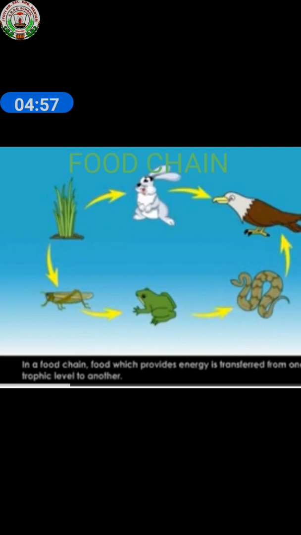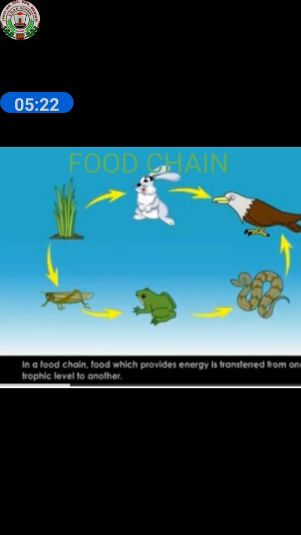So children, for example, grass eating animals like deer and goats eat grass or leaves. They get energy directly from the plant. Deer are killed by tigers or lions, and the tigers get food from the plants.